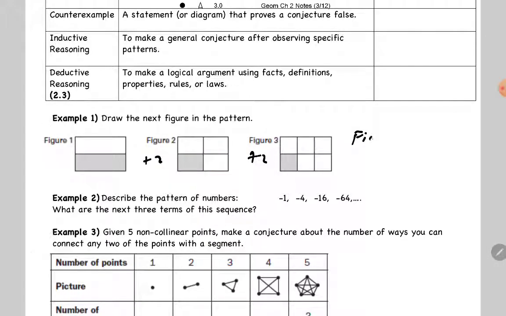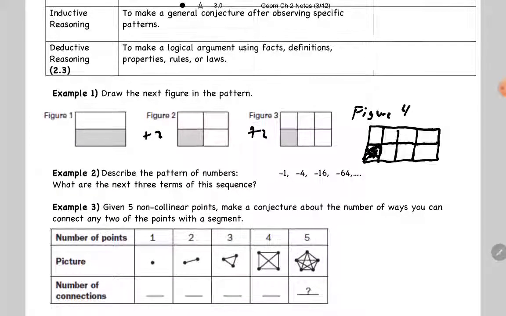So based on our observations, figure 4, we're going to add 2 more boxes. One, 2, 3, and then split in half, and then we're going to shade the bottom one. So that's how we use our inductive reasoning.